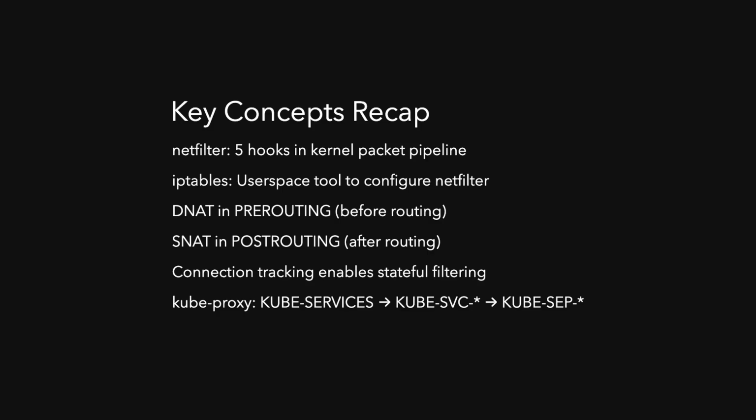Probabilistic load balancing distributes traffic across pods. Connection tracking maintains state for every flow, enabling stateful filtering and automatic reverse NAT. When the table fills up, connectivity breaks.